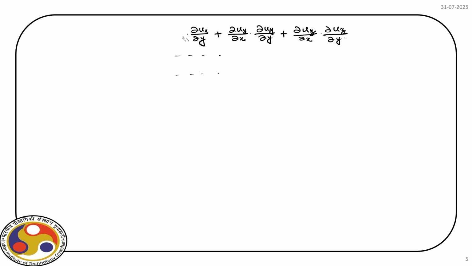We are yet to figure out the strain of the length PQ, that we will do in a minute, but before that let us first identify the displacement gradients first, and then we will move further.